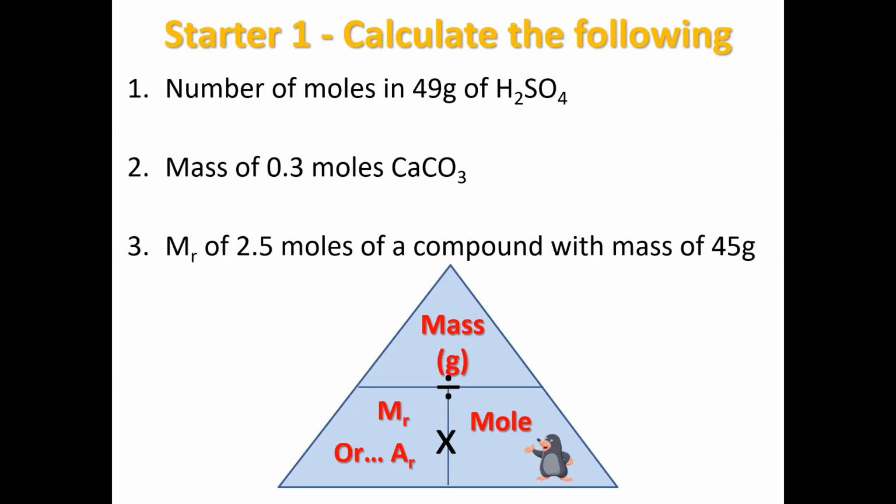And finally, the relative formula mass of 2.5 moles of a compound with mass 45 grams. Whilst you're working these out, I suggest that you pause this tutorial because I'm going to reveal the answers, and obviously I'd like you to have a go at them first. So please pause this now while you're working out your answers.